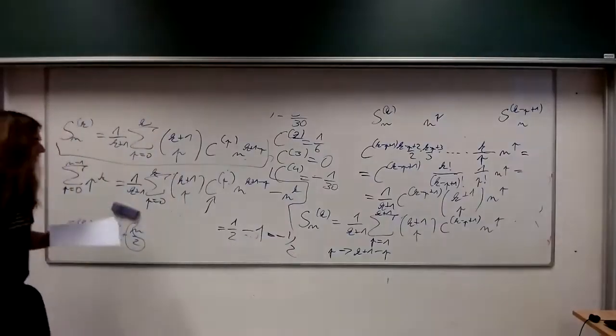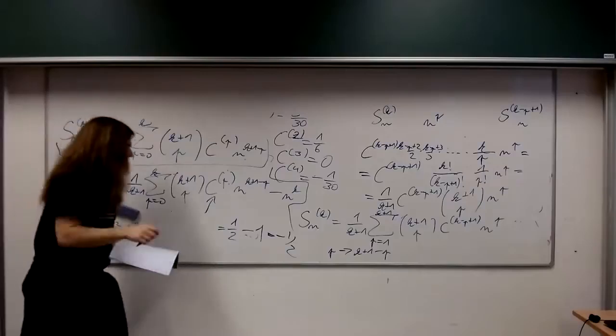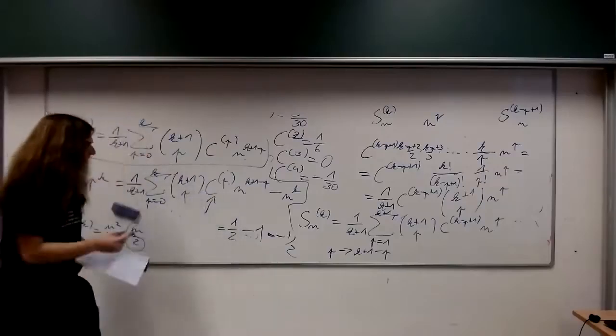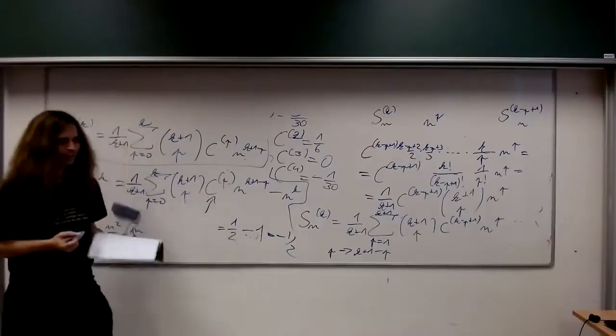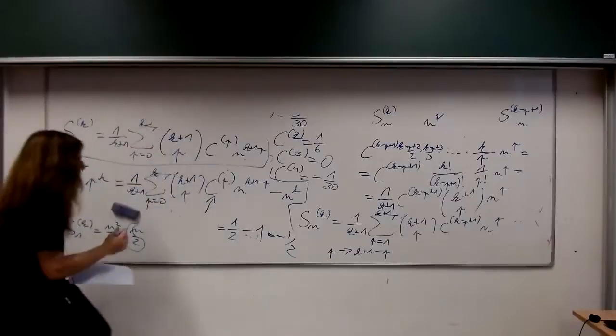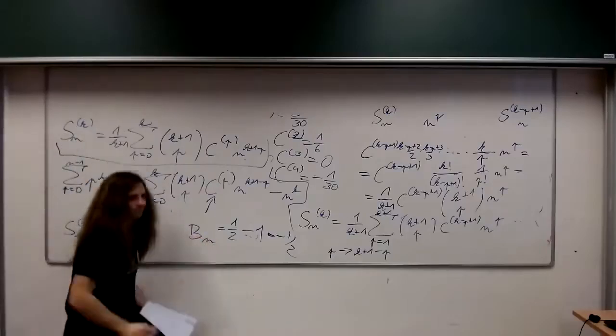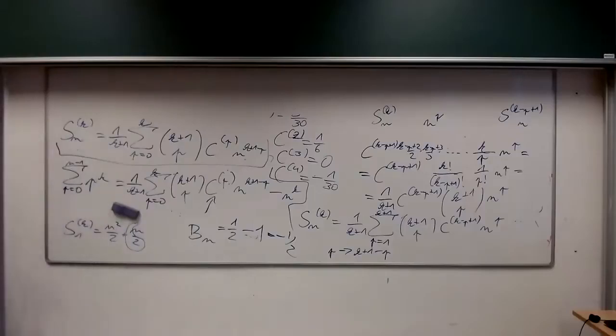So let's just use these numbers that are equivalent to the c's, except for the c_1, which will be minus 1/2 instead of plus 1/2. And let's call them just some random name. Let's call them B_n, right?